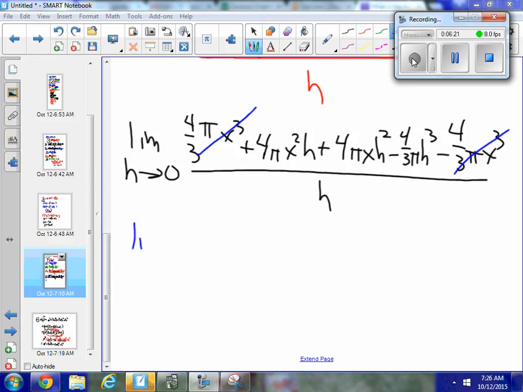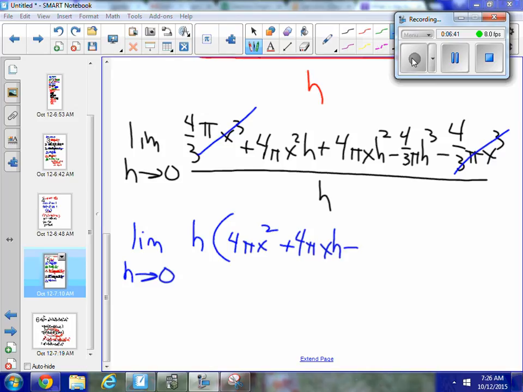Let's factor out our h. Limit as h approaches 0 of h times 4 pi x squared plus 4 pi x h plus 4/3 pi h squared, all over h.